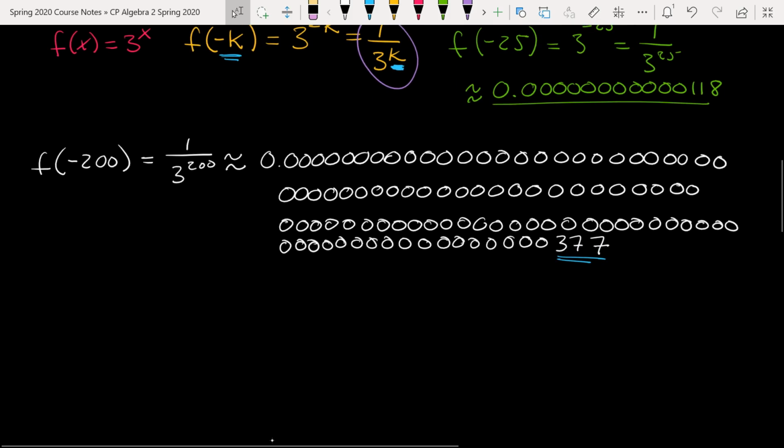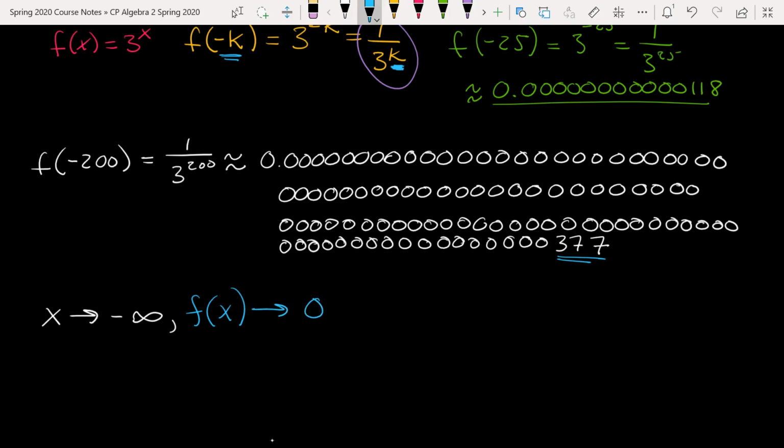So if we want to talk about the end behavior of the function f of x equals 3 to the x power, as x approaches negative infinity, our function value gets really, really close to 0. We can say that it approaches 0, but it never gets there.